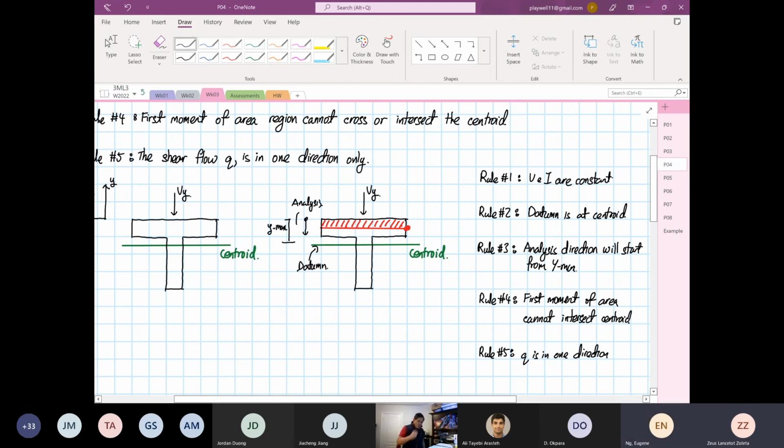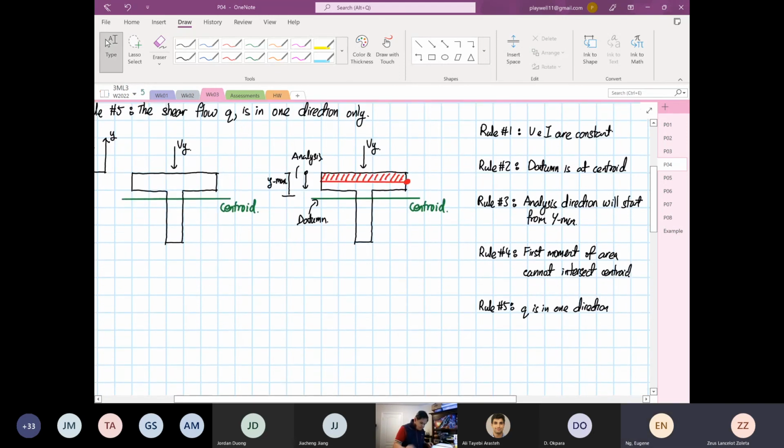Now, what if I do the same thing? I paste.